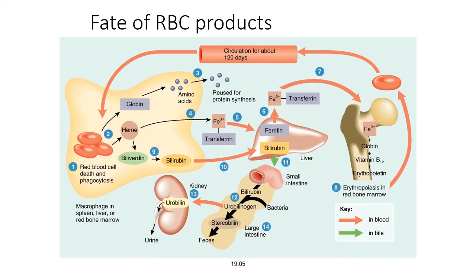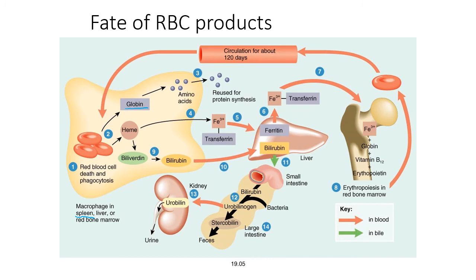So here's kind of a schematic drawing of what's happening to those red blood cells as they're getting broken down. Here we have a macrophage. This is primarily in the spleen, but it could be in the liver or even the bone marrow itself. We're going to break them down into our three components.